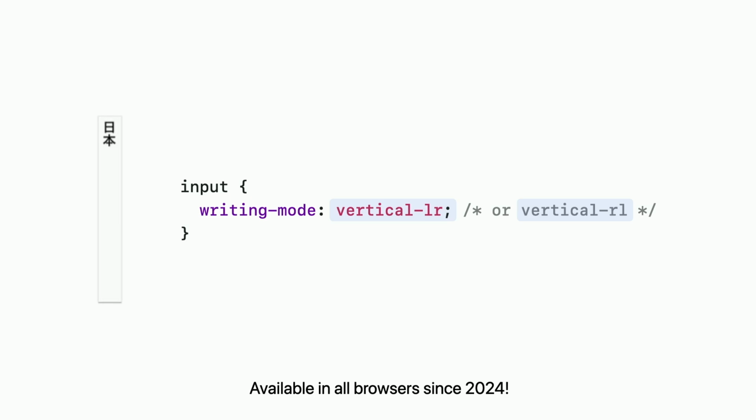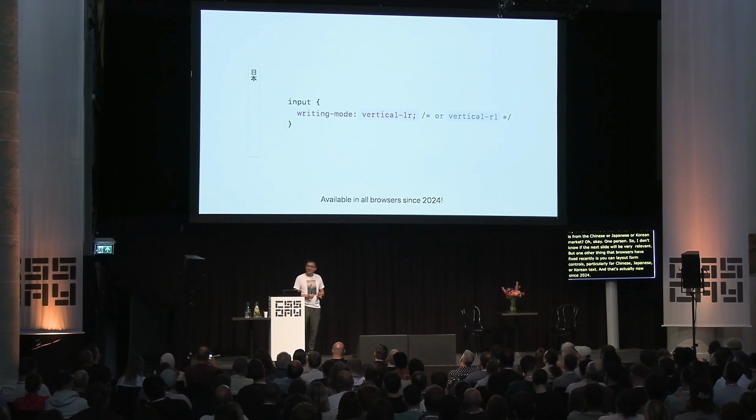So I don't know if the next slide will be very relevant, but one other thing that browsers have fixed recently is you can lay out form controls vertically for Chinese, Japanese, or Korean text, and that's actually new since 2024. It's very recent, and that's thanks to Interop 2023.